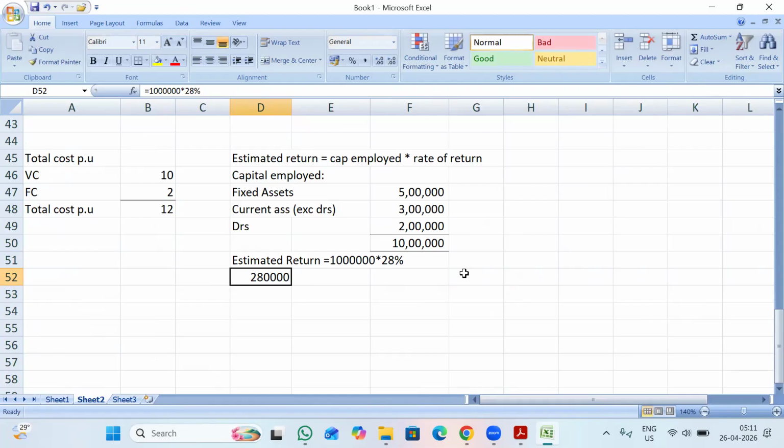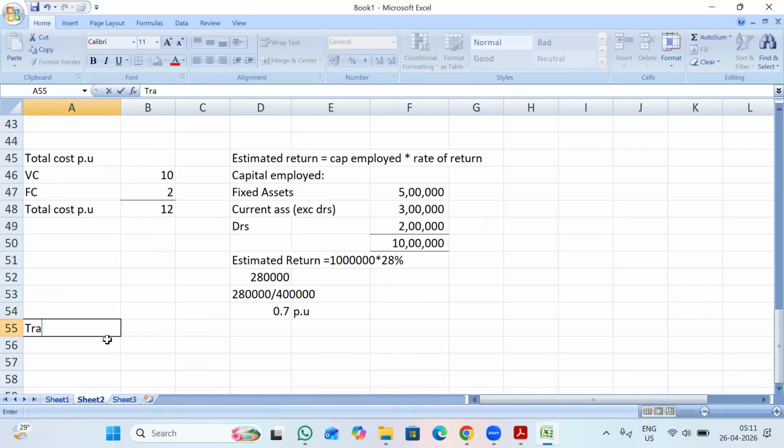So I am converting this also per unit. So 2,80,000 divided by 4 lakh units, right? So per unit will be 0.7 per unit.